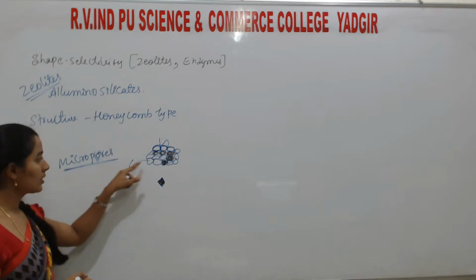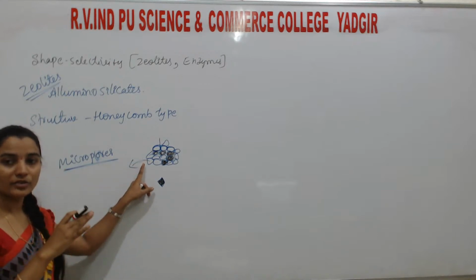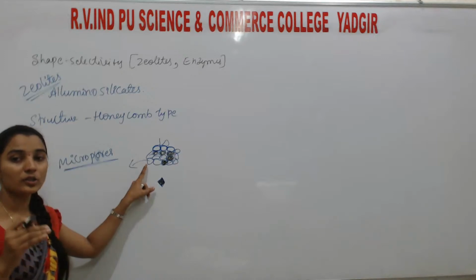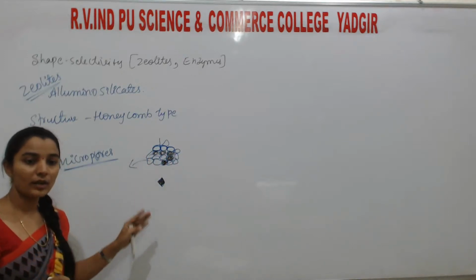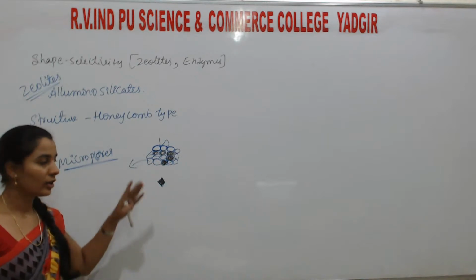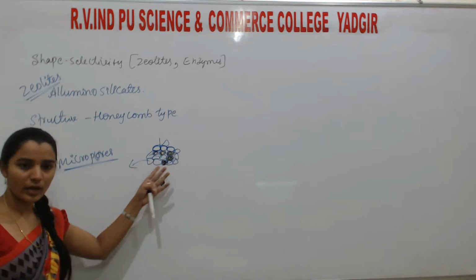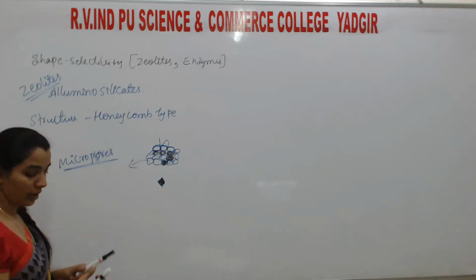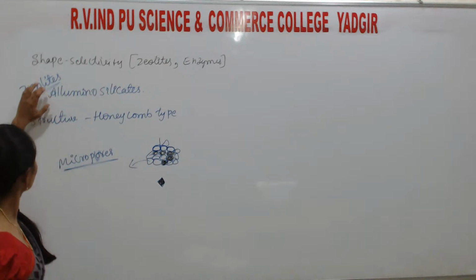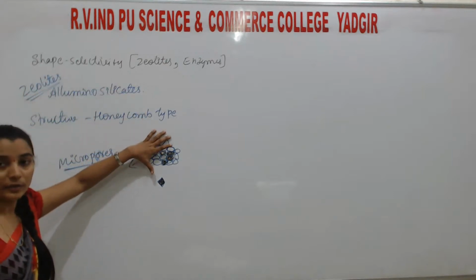The micropores are completely filled by the gaseous molecule. That is why the adsorption takes place according to their shapes. If it is triangle, adsorption is in triangle manner. If it is square, it is in square manner. A particular shape. Understand? So this is how the shape selectivity is explained by the zeolites.